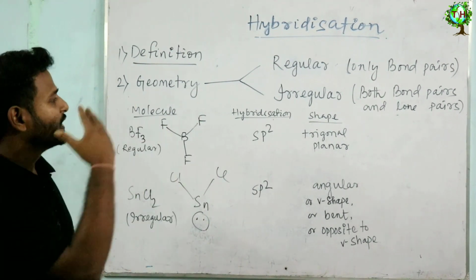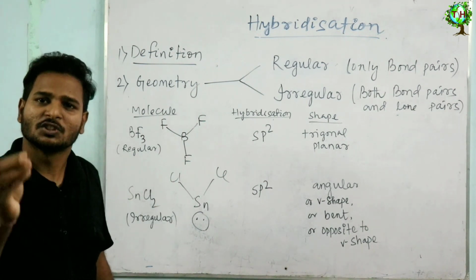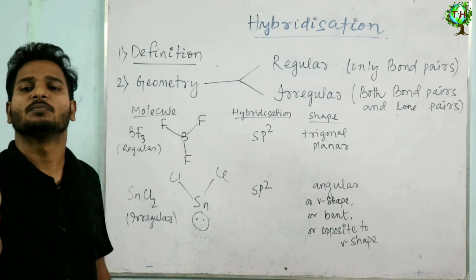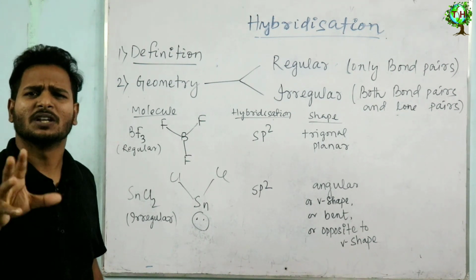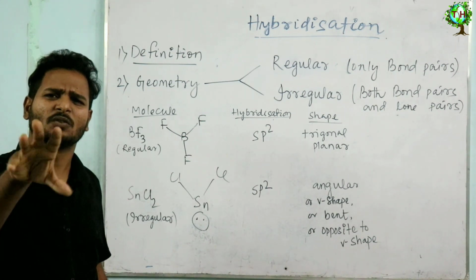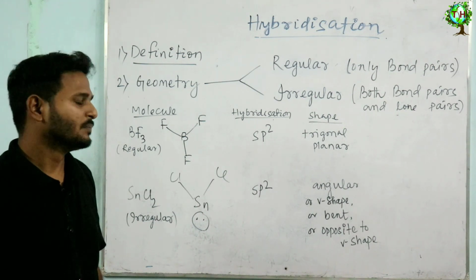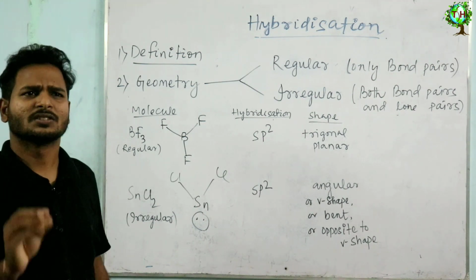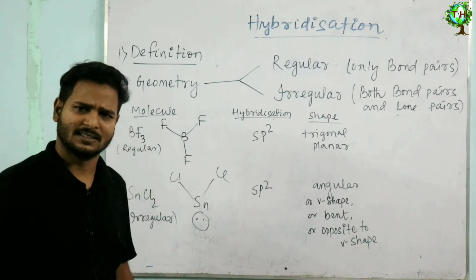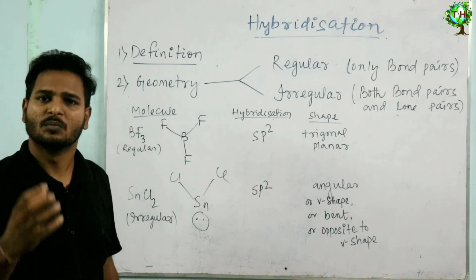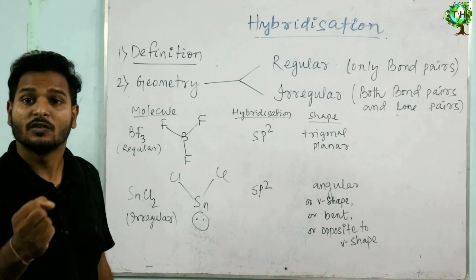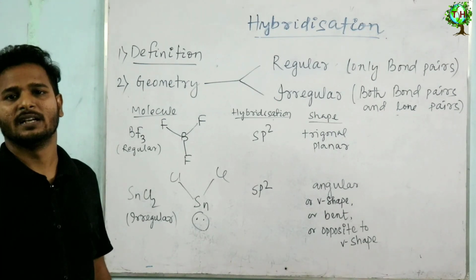Now I discuss irregular geometry. Irregular geometry means presence of both bond pair and lone pair. Why irregular geometry? Why distortions in a regular structure? Because I just want to focus on one thing, that the lone pair occupies more space, more volume in any structure.